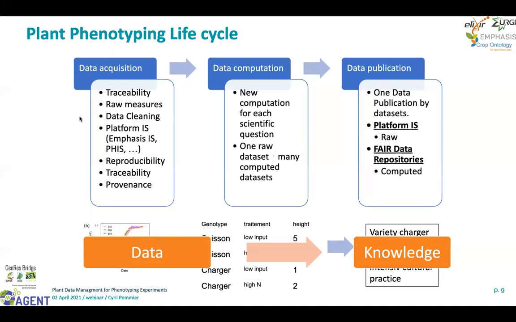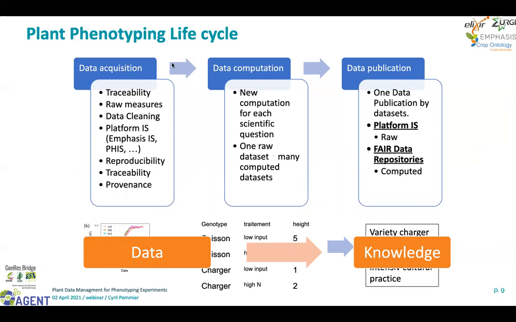As a consequence, this plant phenotyping life cycle that has been built between the Elixir infrastructure for life science data and the Emphasis infrastructure for plant phenotyping data states that the first step is data acquisition, that provides traceability, remeasure, data cleaning, that involves platform information systems, that take care of reproducibility of the experiment, of the traceability and the provenance.